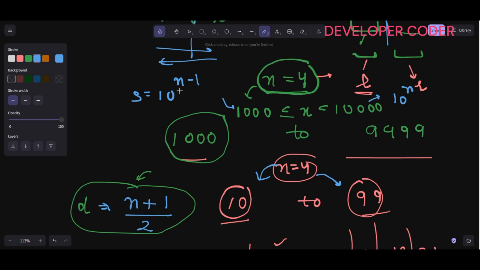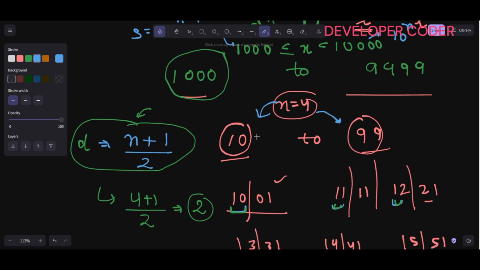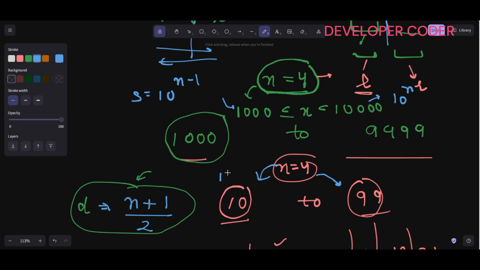So instead of this, we simplify our problem. We are just going to create the mirror image from here only. For n equal to 4, you need to deal with 10 to 99, and if you create the mirror image, you are going to generate the 4 digit number only. So you have to deal with 10 raised to power d minus 1 as the start, where the d value is nothing but 2, and 10 raised to power d as the end.